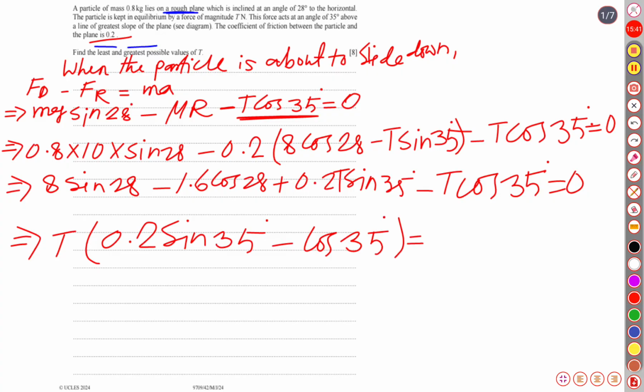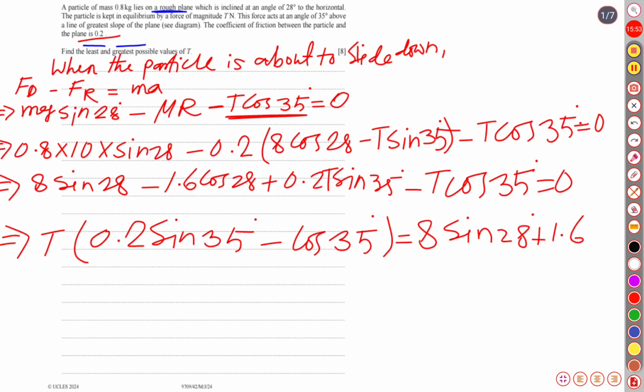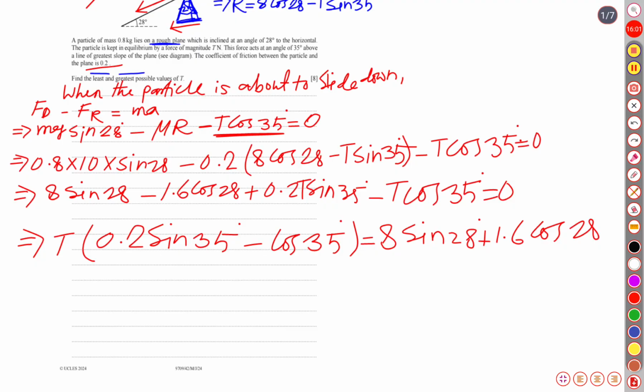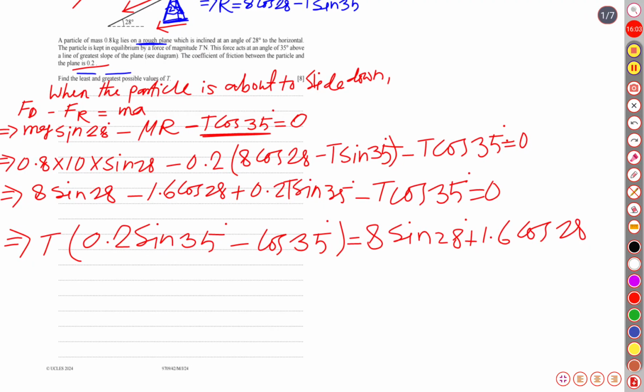is going to be 8 sine 28, then plus 1.6 cos 28 degree. Then it is time to isolate T. If we isolate T, what is it going to be?